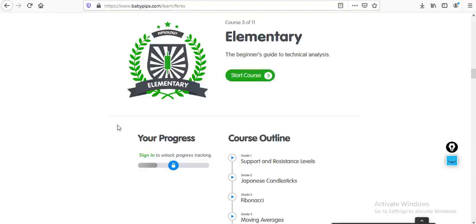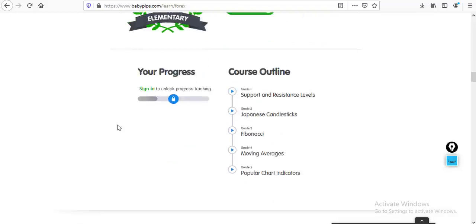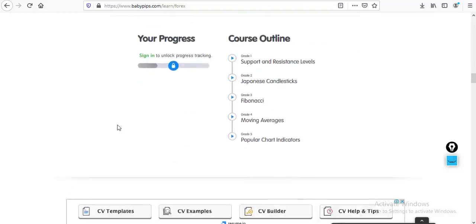Earlier we had discussed grade 1 support and resistance levels, grade 2 Japanese candlesticks, grade 3 Fibonacci, and grade 4 moving averages.